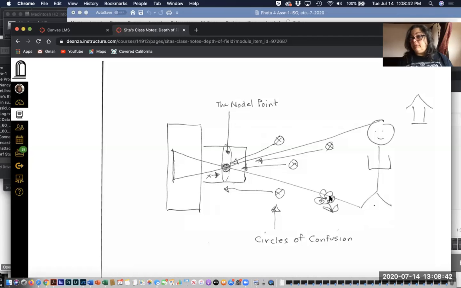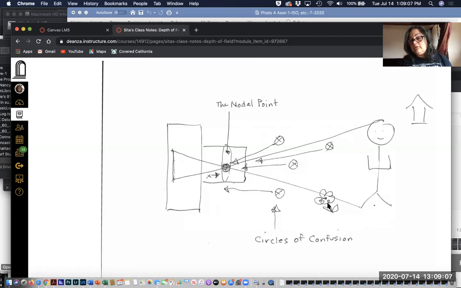But generally, when we photograph things, there are other things in the frame aside from what we have focused on. So in this case, there's a flower in the foreground, a building in the background. And light from those areas also enter the camera and are focused at a point, and then enter into the camera body.